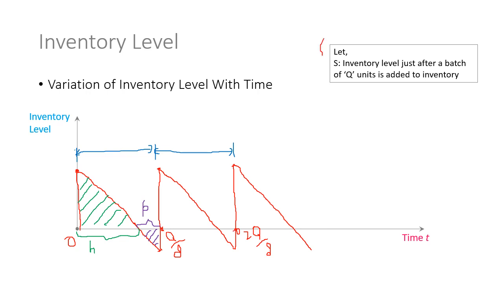Let's say S is the inventory level just after a batch of Q units is added to inventory. According to the definition of capital S, this becomes S, and this becomes Q.